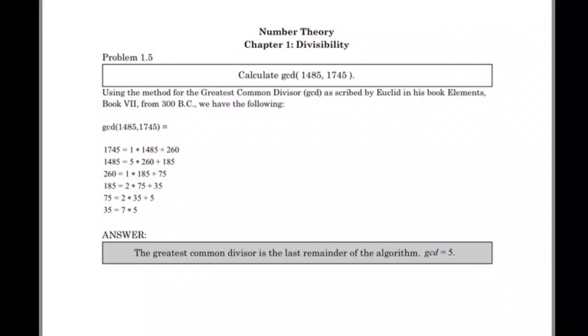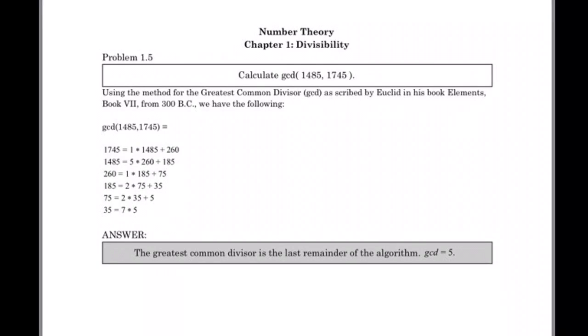Repeating this, 260 equals 1 times 185 plus a remainder of 75. Then 185 is 2 times 75 plus 35. 75 is 2 times 35 plus 5. Lastly, 35 equals 7 times 5 with no remainder.